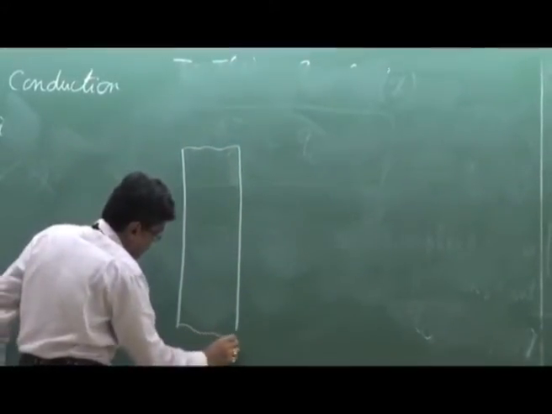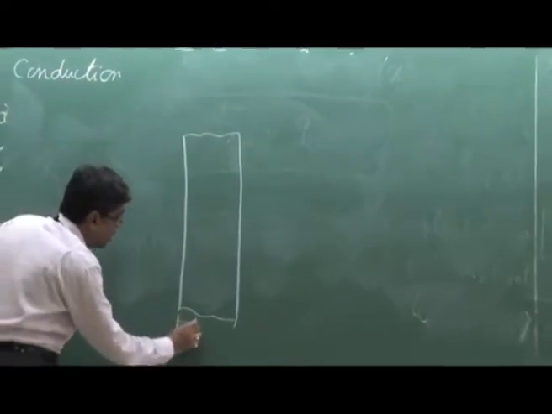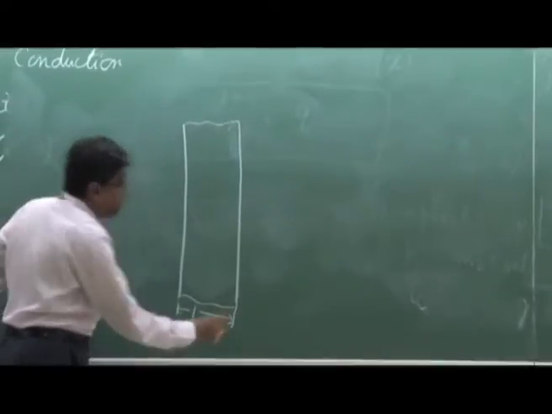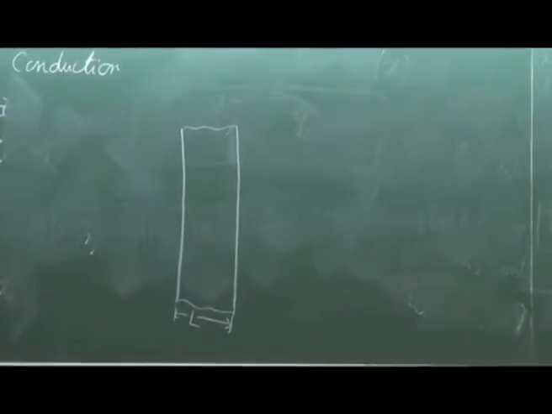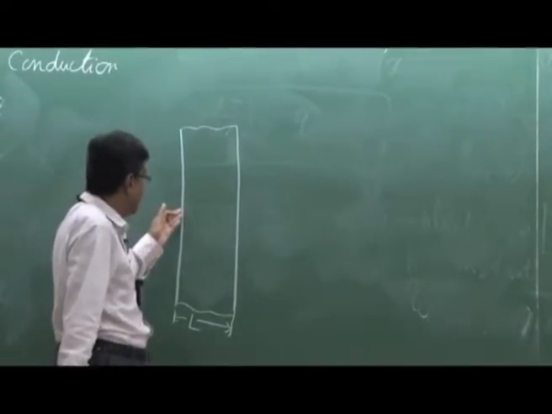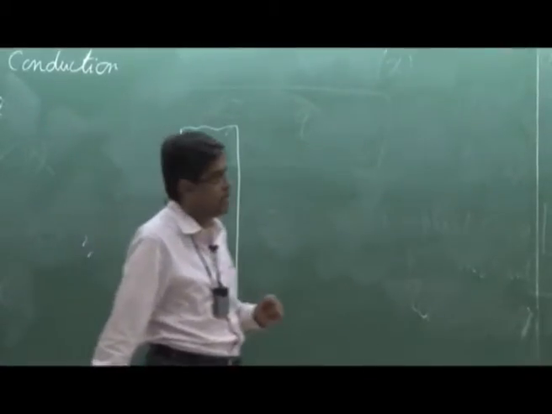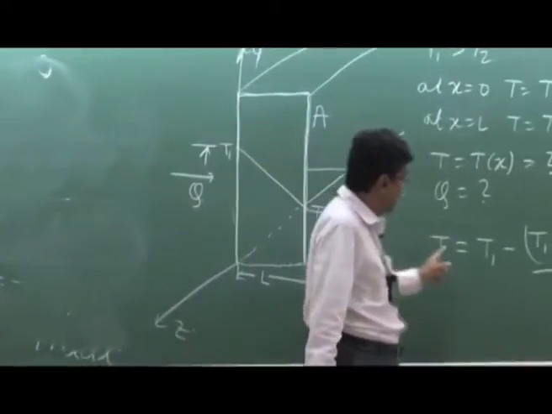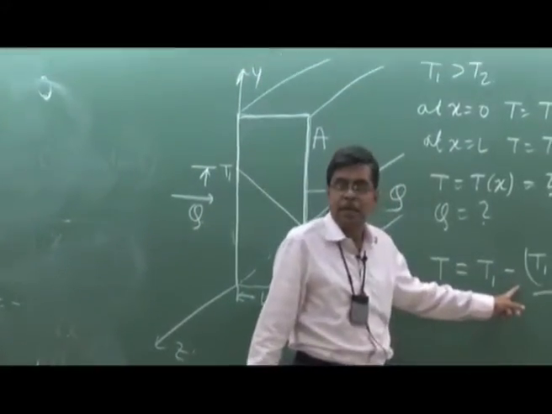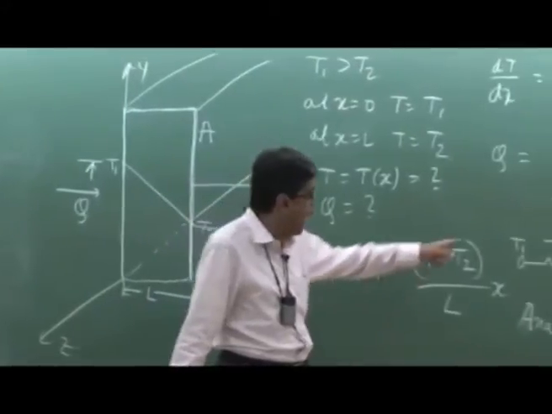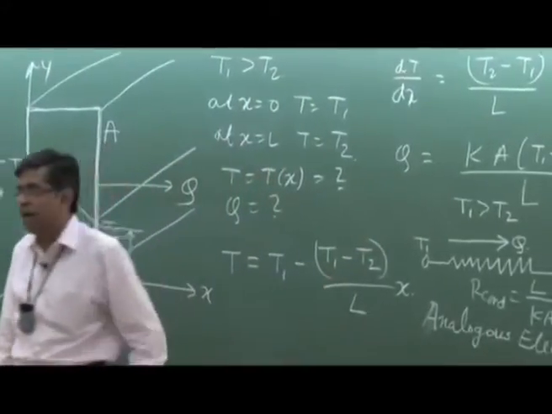That means its length is less than the dimensions in other directions. But the problem is prescribed not by specifying the temperature at the two surfaces. Here the problem is specified by temperature at the two surfaces, then only you can express the temperature profile and the heat transfer.